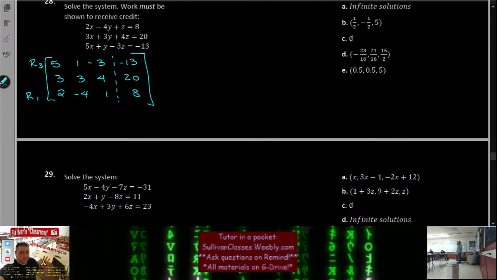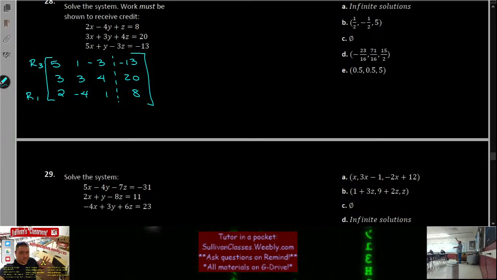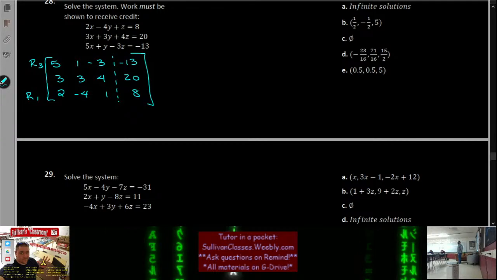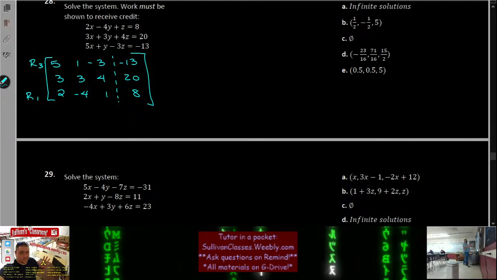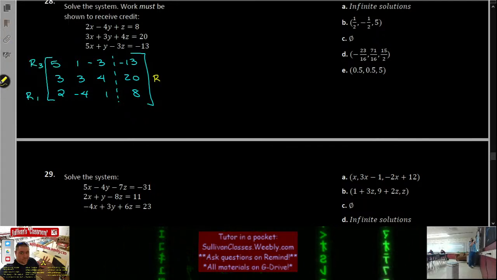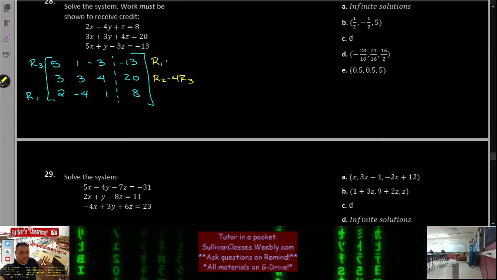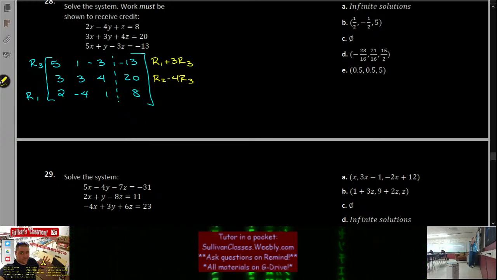If I can start with the 1 in the top left or bottom right, then I can work my way around that circle. So from there, I choose to say row 2 minus 4 row 3s. Row 1 plus 3 row 3s.